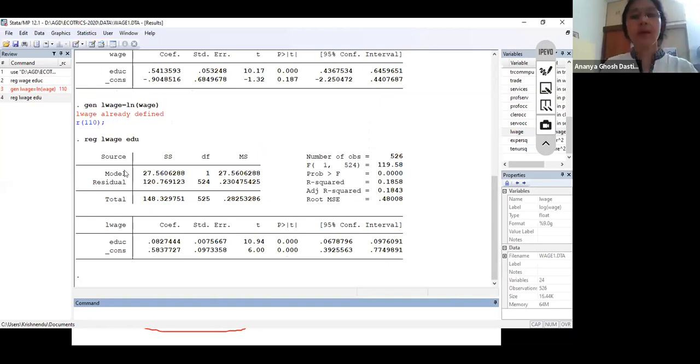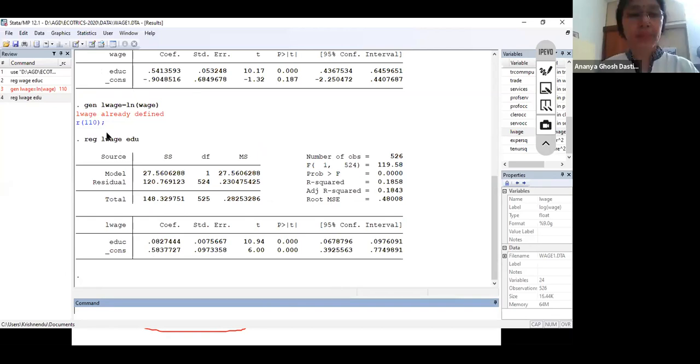Right. Now, let us look at these results. Note the dependent variable over here is the natural logarithm of wage. How do you know that? Because you know the program has already run. Such a variable has already been generated. Otherwise, I would just have generated it.